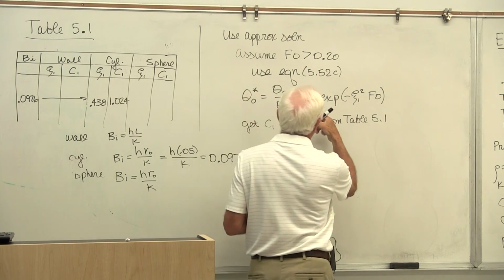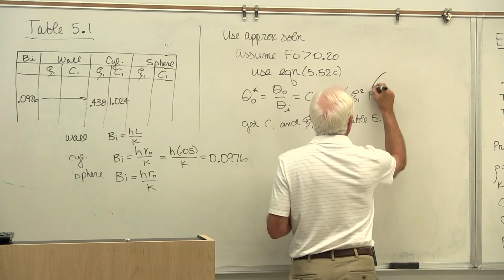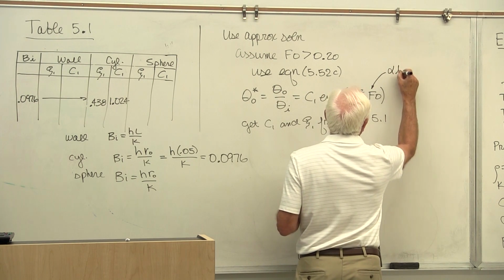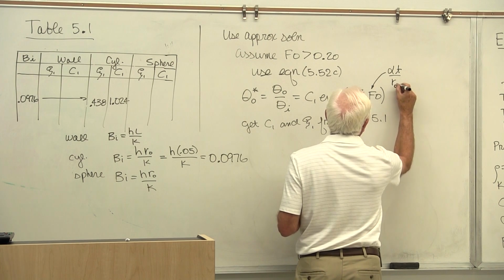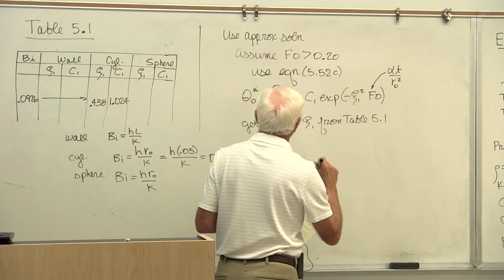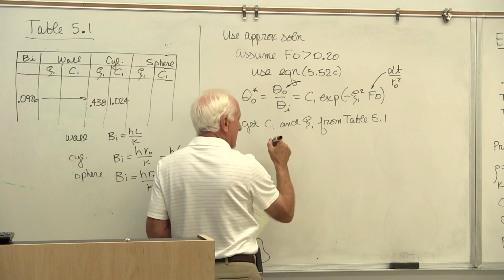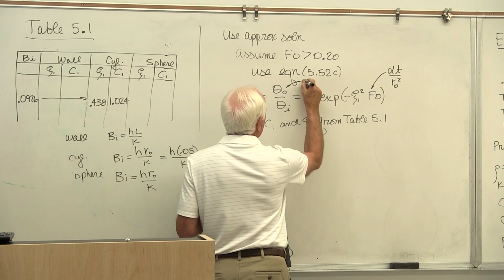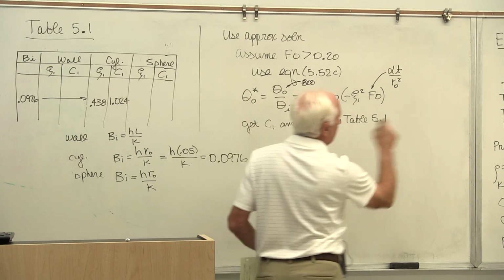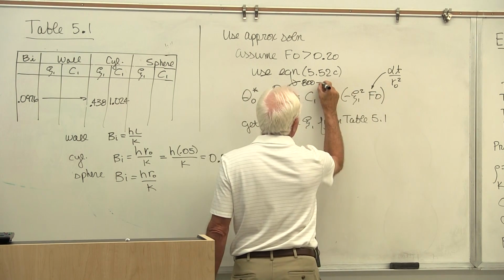Put them in here. Remember the Fourier, alpha t over R naught squared. Remember what theta at r naught is. Center temperature, 800. Free stream temperature, 1200.